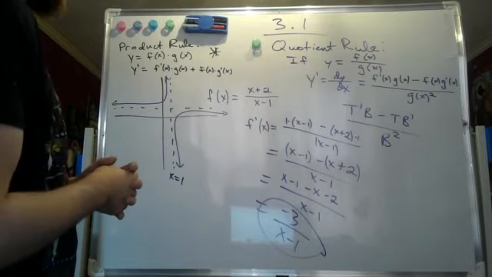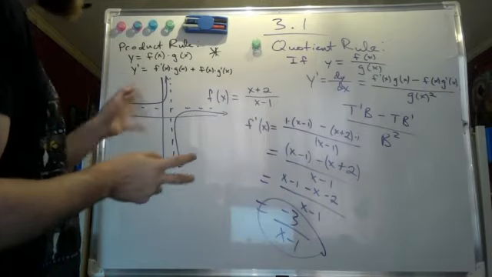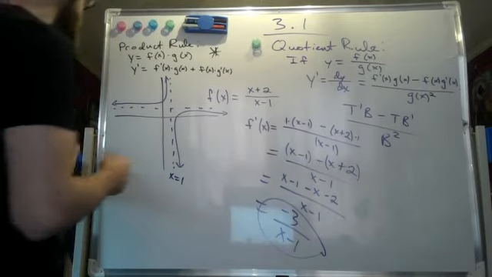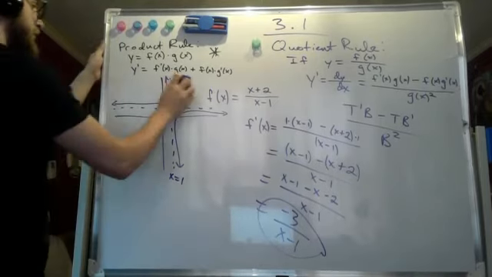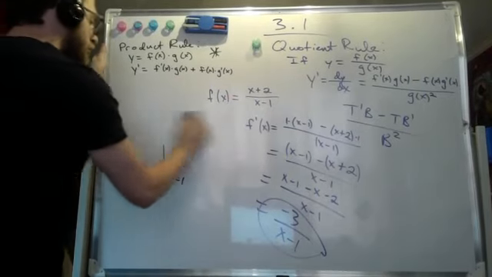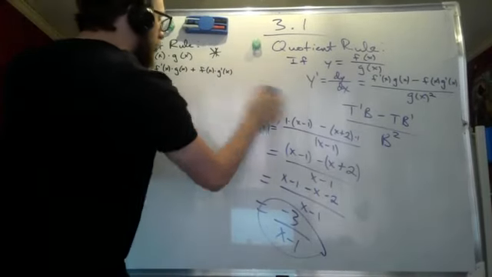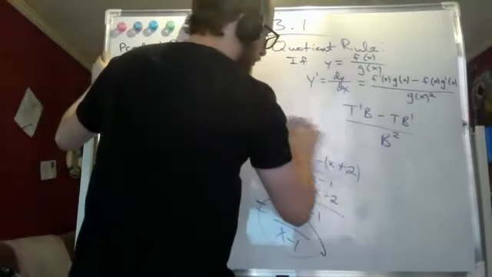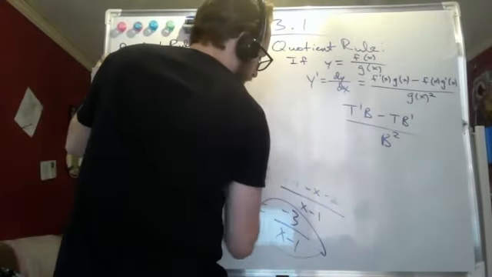Let's see. I wanted to go ahead and end a little bit earlier today. The last thing I would want to warn you guys about is that it is possible to have a problem where you have to combine the quotient rule and product rule. Well, what do I mean by that?